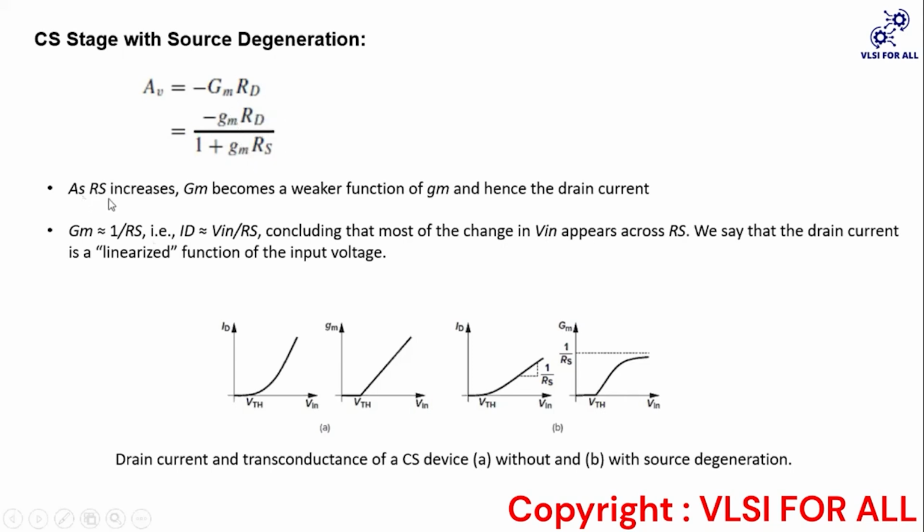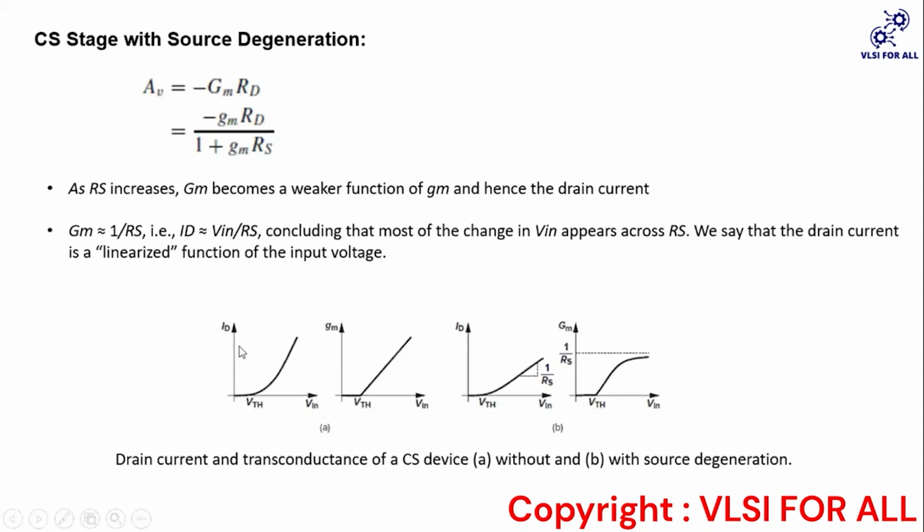So we can say here that as Rs increases, the overall Gm becomes a weaker function of the transconductance and hence the current, right? We will see what happens as we increase the V in.